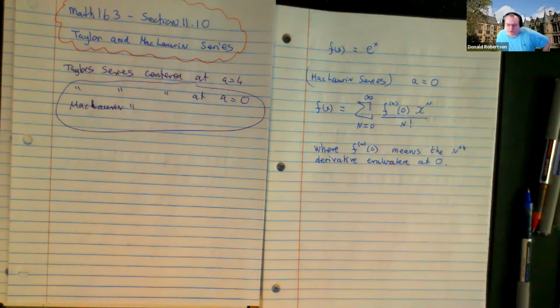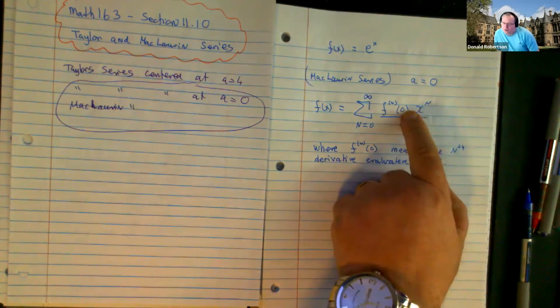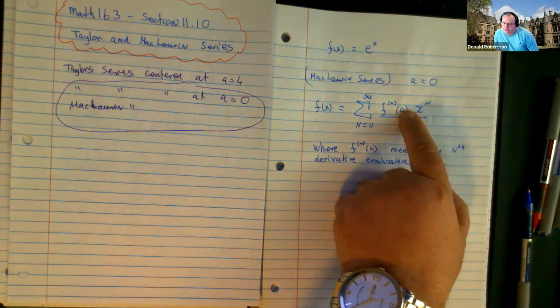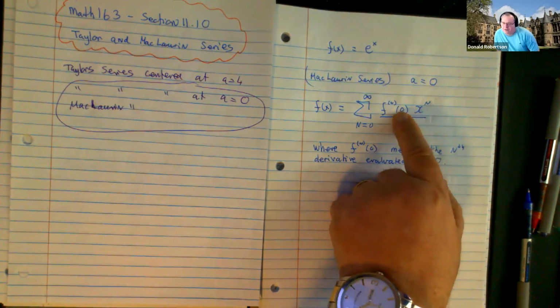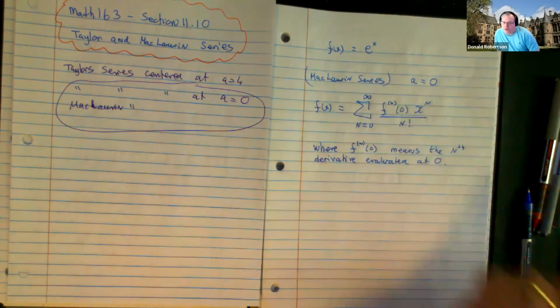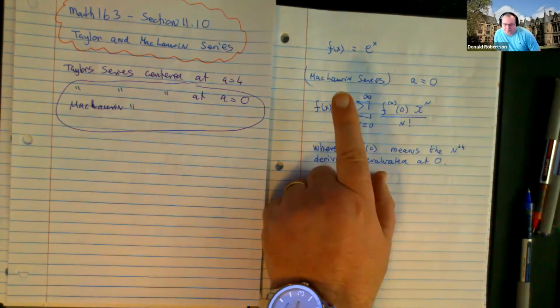What that tells us is that every function in the world, all the information you need to know about it, is stored in its derivatives at 0. So if you can find all the derivatives of a function at 0, and find a general way of writing them, you can create a power series.